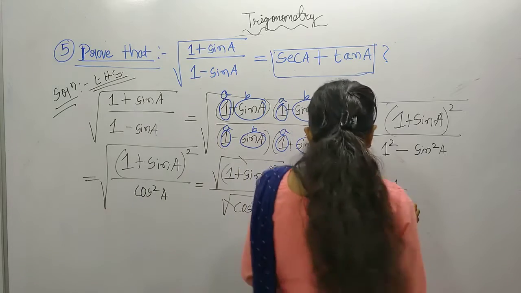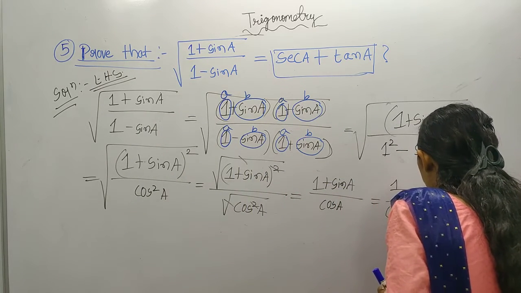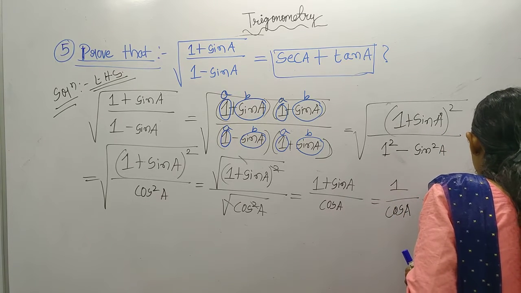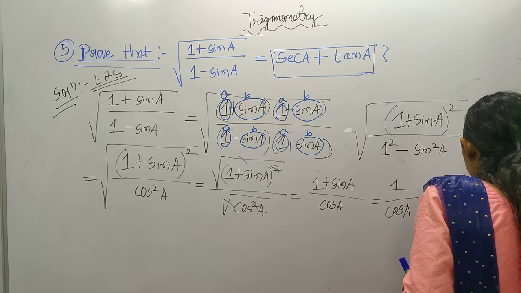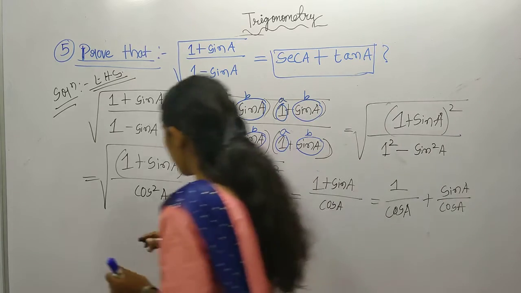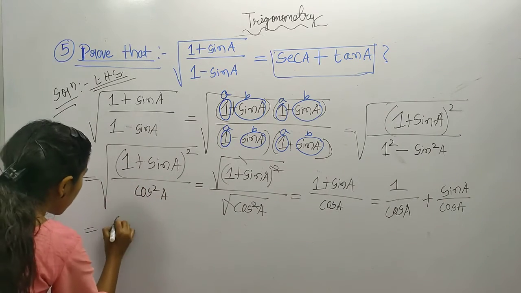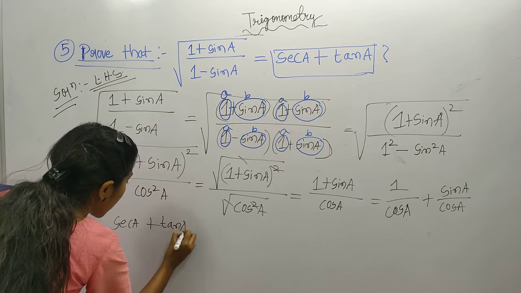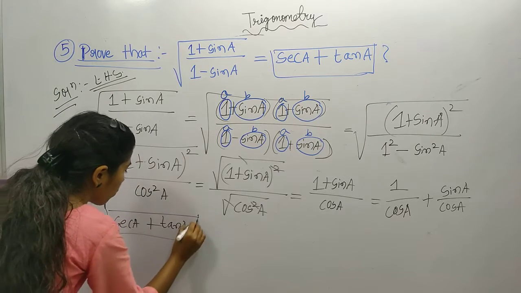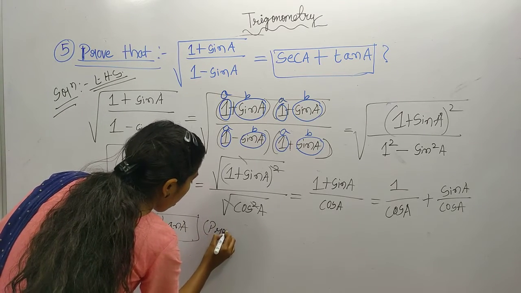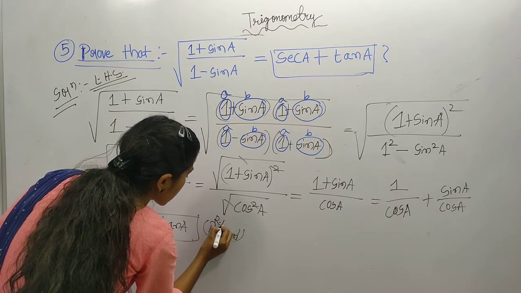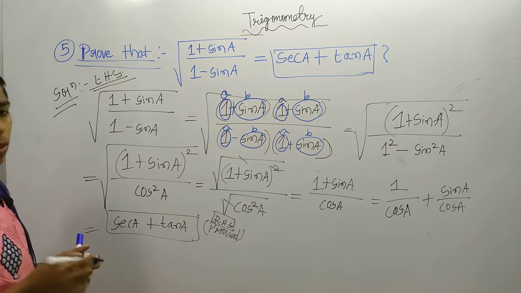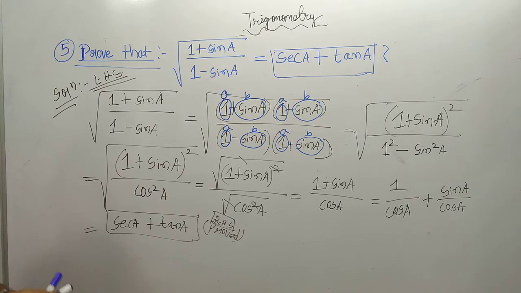So now we can separate 1 by cos A plus sin A by cos A. 1 by cos A is sec A, plus sin A by cos A, whose formula is tan A. So we proved. You will write RHS proved. Then over. So move to the next question.